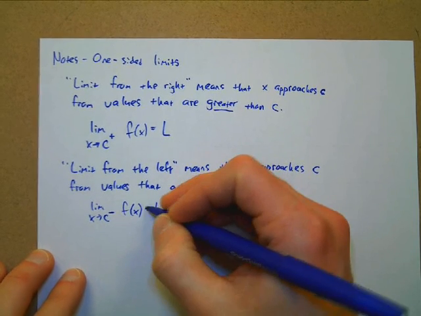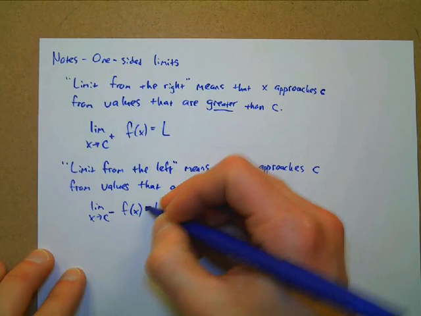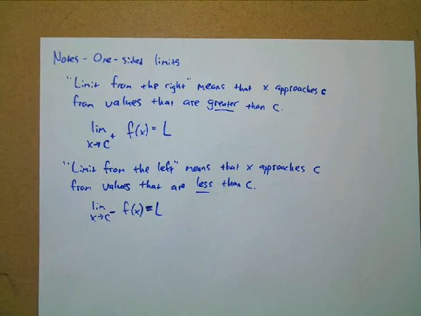Okay. Now, we want to be careful here, because students oftentimes, especially the second one, get it confused with the limit as x approaches negative c. So please be very careful. The limit as x approaches negative c, the negative sign would be in front of the c. The limit as x approaches c from the left, the negative is in the exponent.